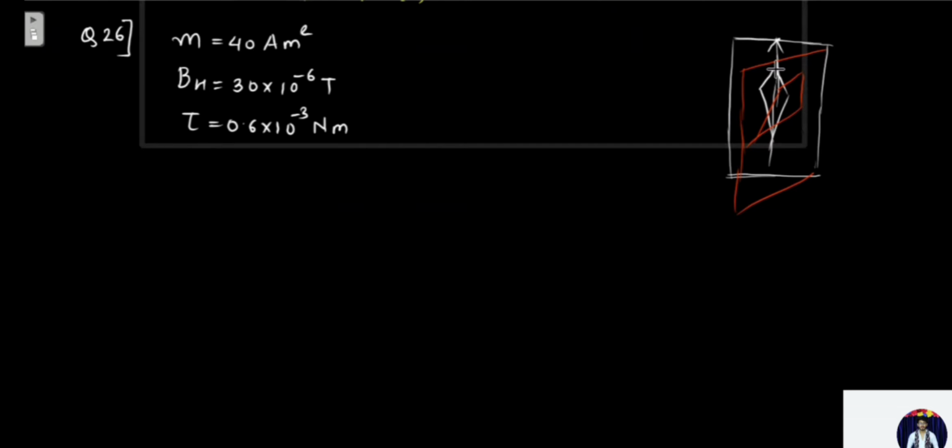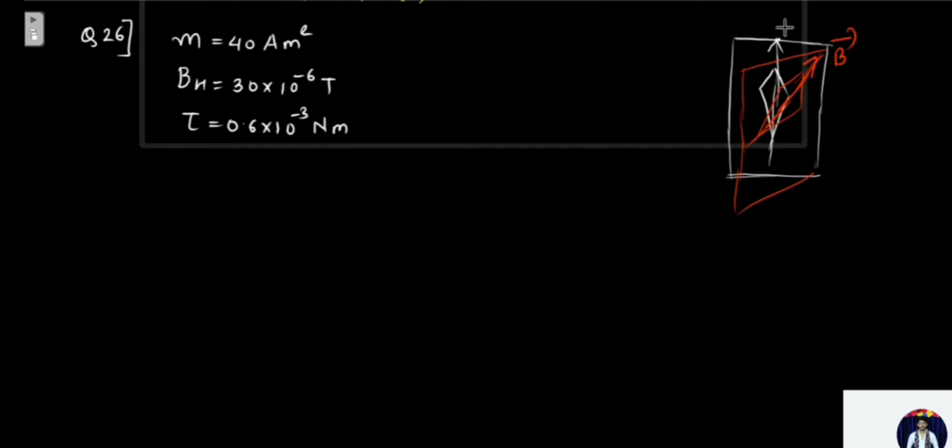Now the horizontal component of Earth's magnetic field is given to us over here. The torque is given, the magnetic moment is given. We need to find out the angle of declination. The angle of declination over here is going to be the angle between the magnetic moment, which originally was lying in the geographical meridian, and the magnetic field, because now it is lying according to the magnetic field, something like this.